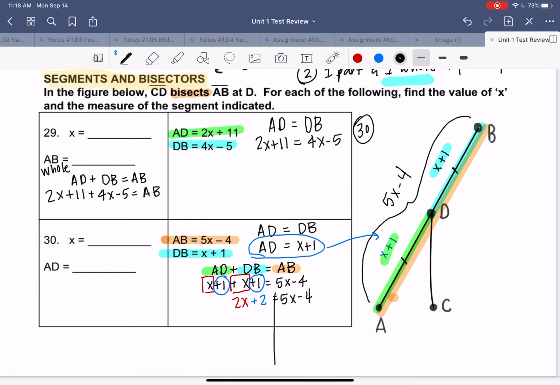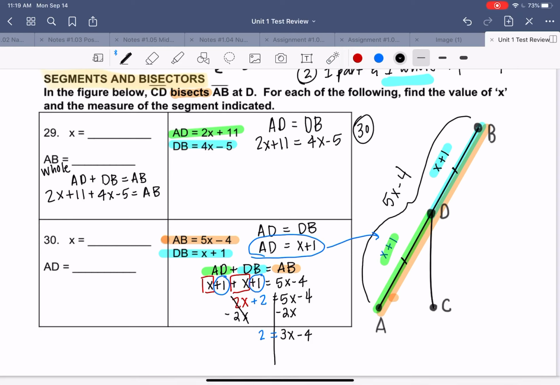All right, I have x's on both sides. So I got to get rid of my x's. I need to move one of my x's over. So because 2x is my smallest x, I'm going to subtract 2x over to the 5x. I have 2 equals 5 minus 2 is 3. So I have 3x minus 4.